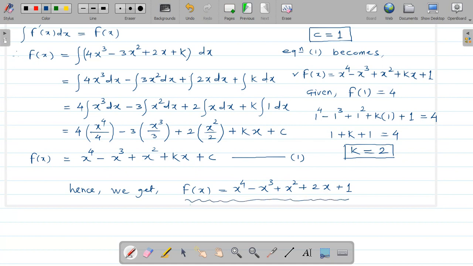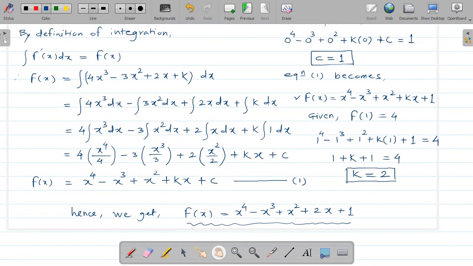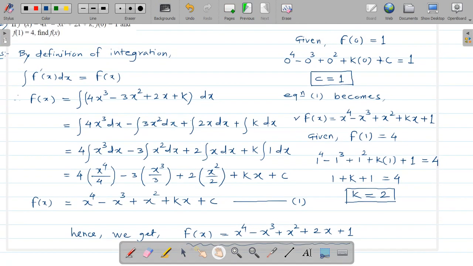Okay, so what is the method here? If you have f dash x, then how will you get f of x? You just take the integration of f dash x and then determine the integration constant, and if there is another constant, then obtain that constant by using the given condition like this.